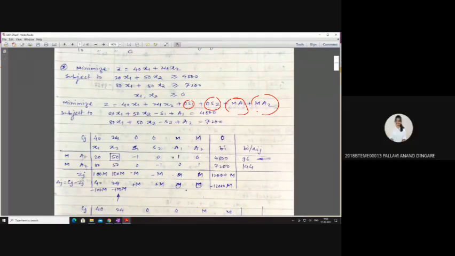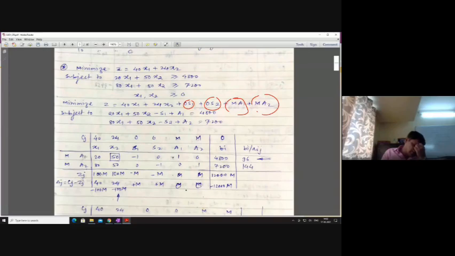Greater than or equal to 0 means... if it is greater than 0, then it is not an optimal solution in a maximization problem. In a minimization problem, if it is less than 0, then it is not optimal. It must be greater than or equal to 0 to decide the optimal solution. Is it okay? Now tell me whether this solution is optimal or not.